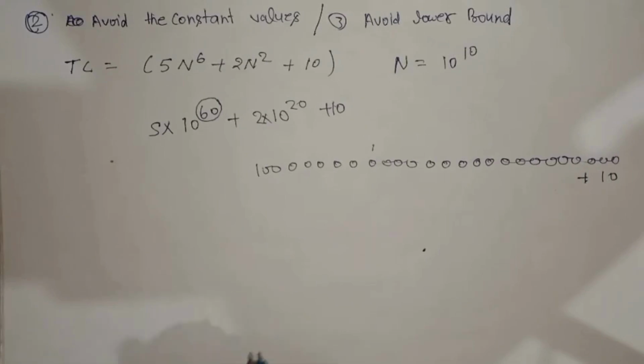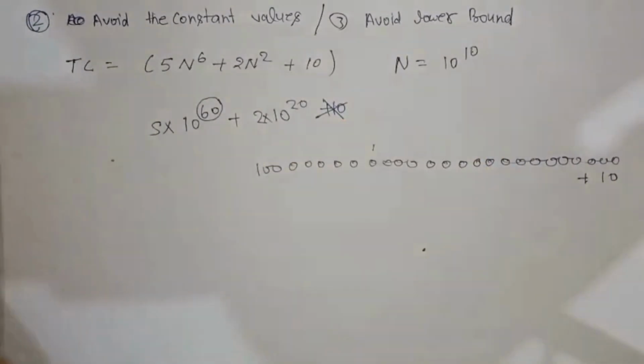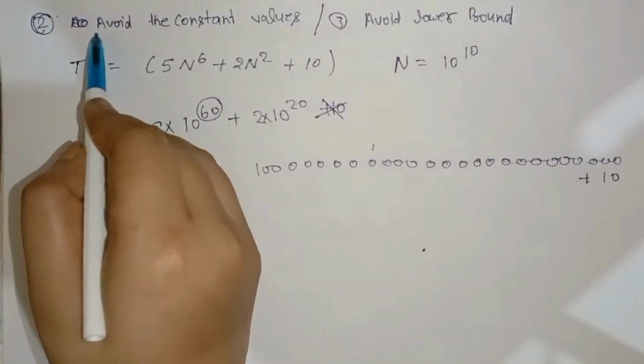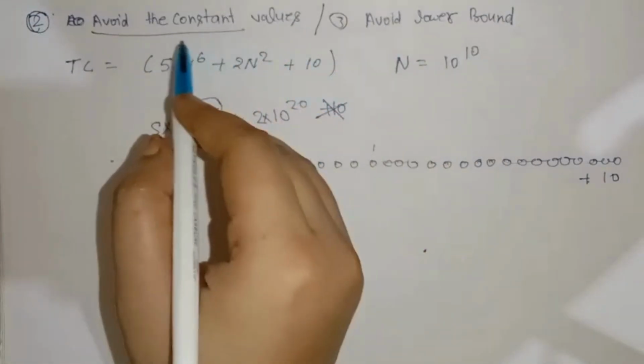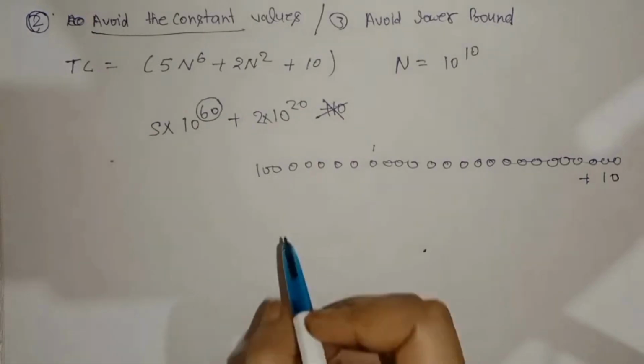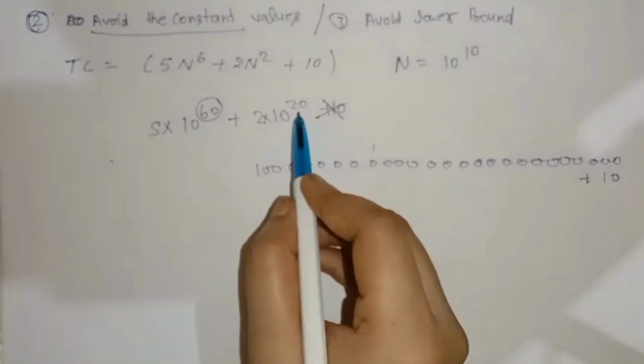Does that make sense? No. That's why we don't need to use the constant value in our time complexity. We always avoid the constant value in the given time complexity for any code. And let's think about the 10 to the power 20 value.